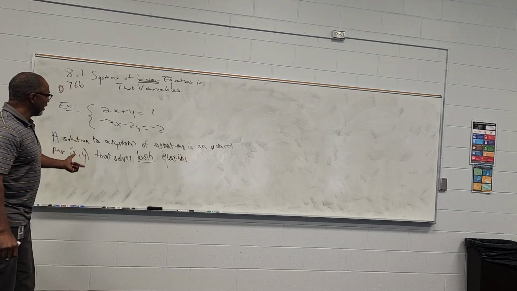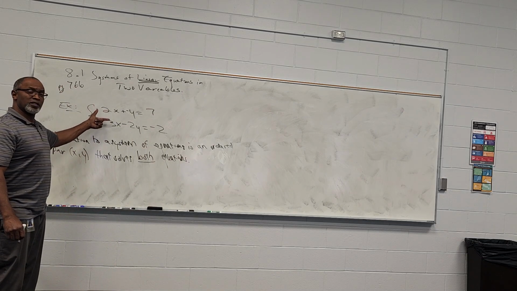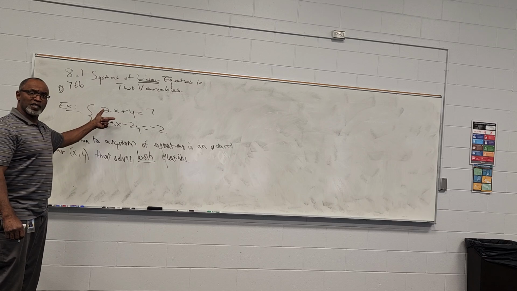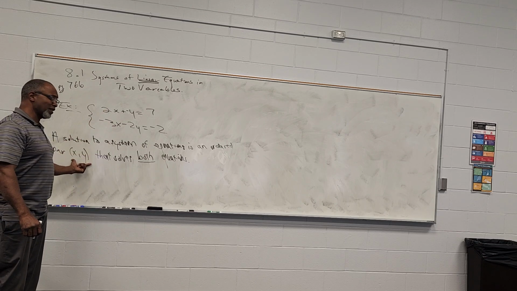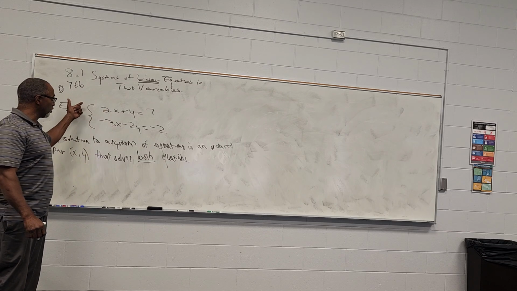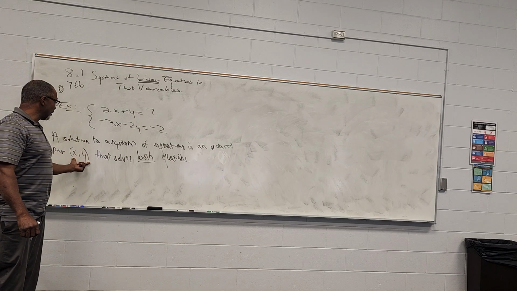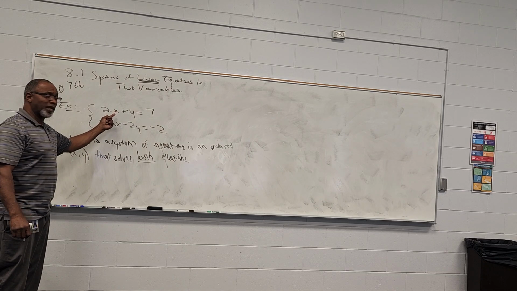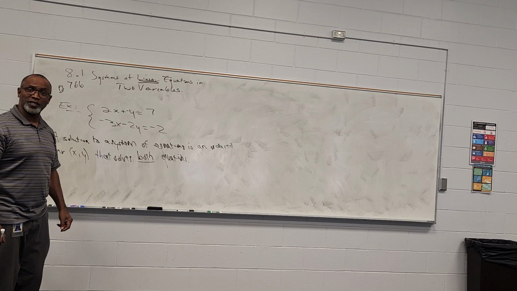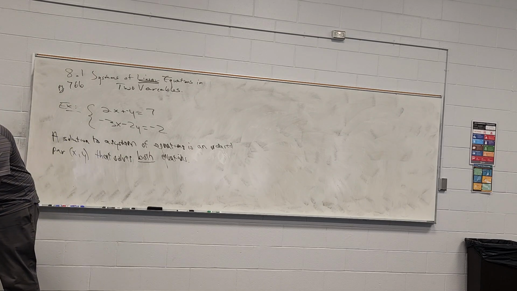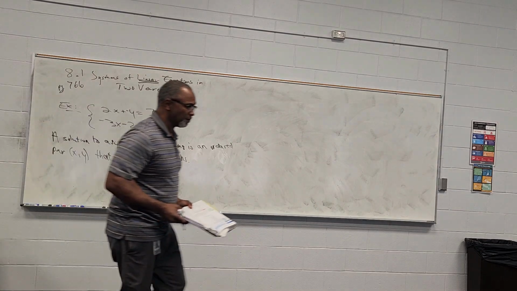So if I'm going to have some x comma y at some point, that point has to live on both lines. So in other words, when I find this x comma y that's supposed to be a solution for the whole system, then that x comma y will solve the first line and it will be a point on the second line.